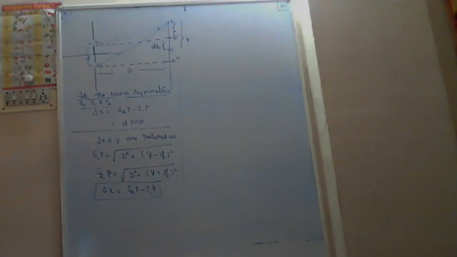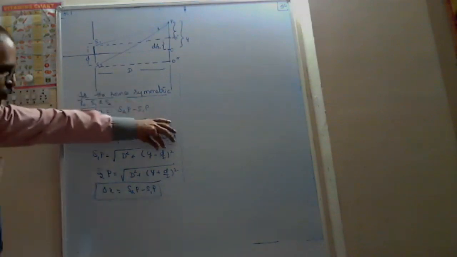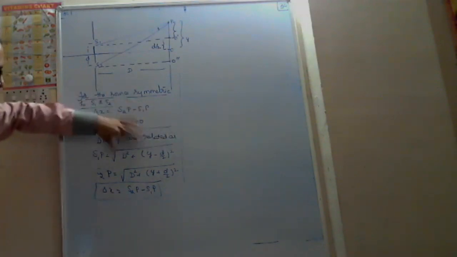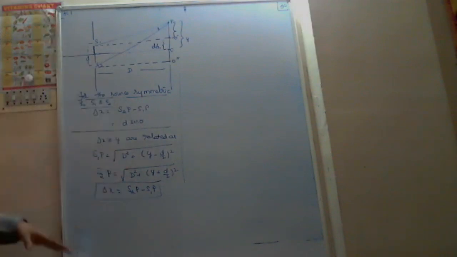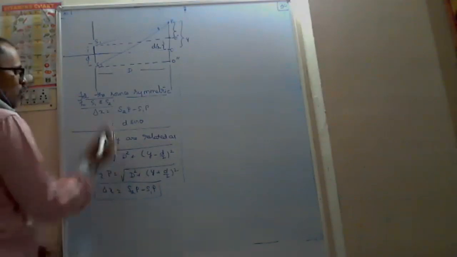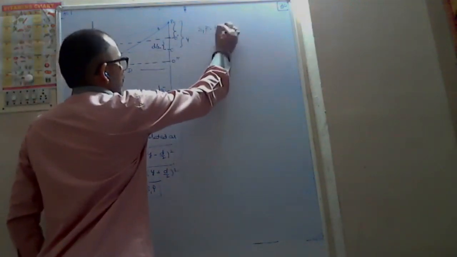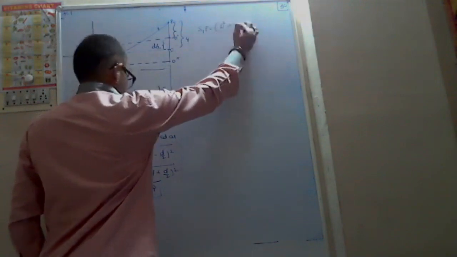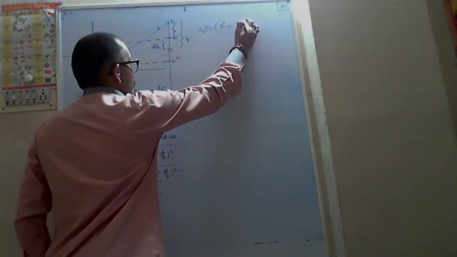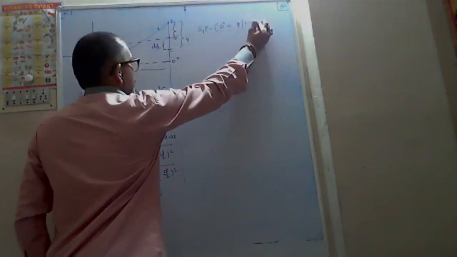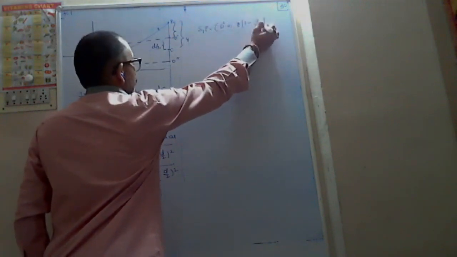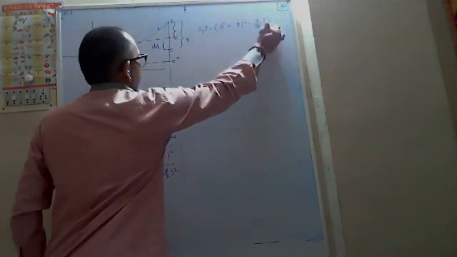Suppose this d by 2 is very small compared to capital D, then we can neglect it, meaning you can do some binomial expansion. S1P is D square plus y, I take it out, 1 minus d by 2y, whole power half.